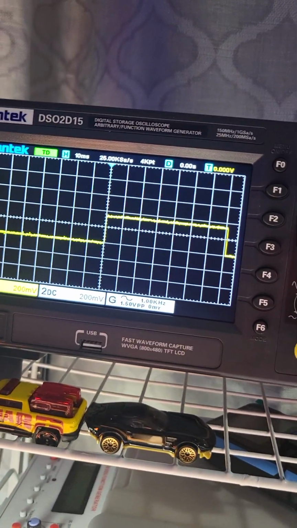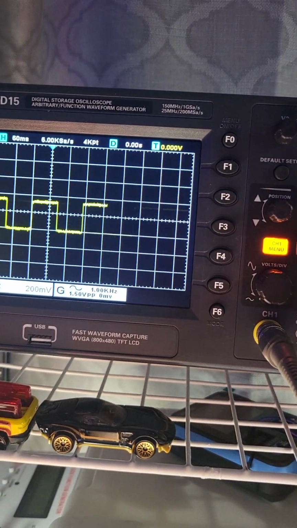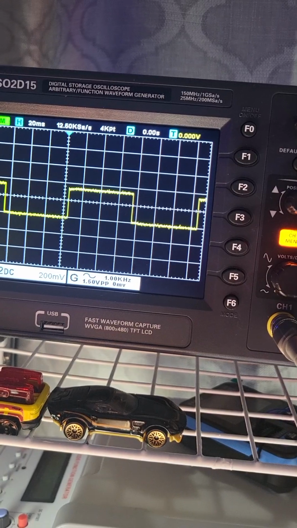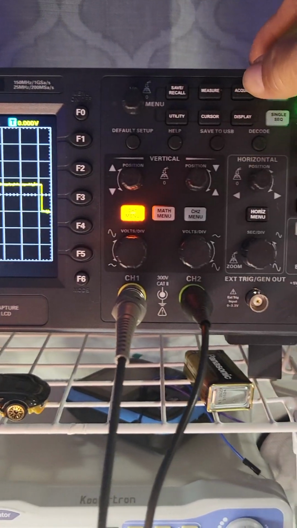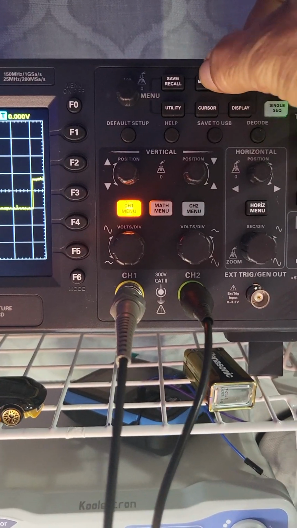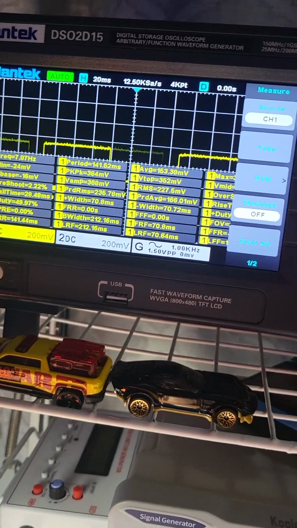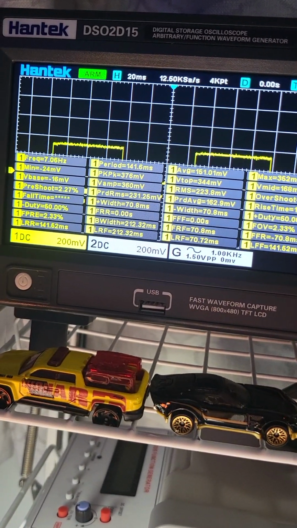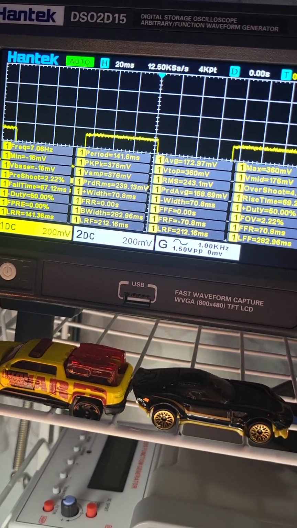So we'll see. Look at that, the signal changed. We adjust the time here. And we try to measure the frequency. Okay, so we get 7.07 hertz.